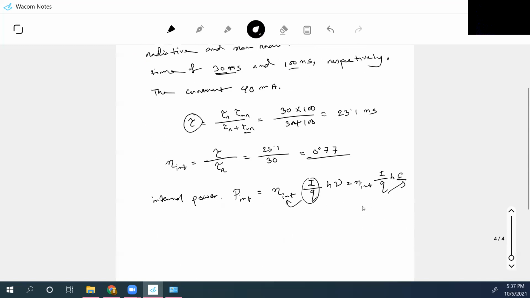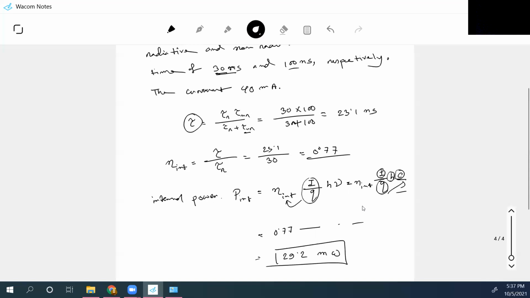Eta int is 0.77, I is the drive current of 40 milliampere, Q is the charge of the electron, h is Planck's constant, c is the velocity of light, and lambda is the wavelength. Put all those values and you will get about 29.2 milliwatt. That is our answer.